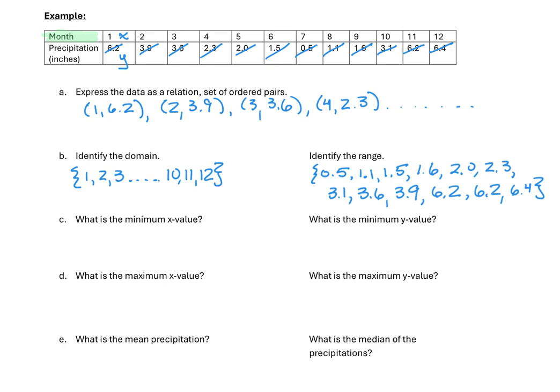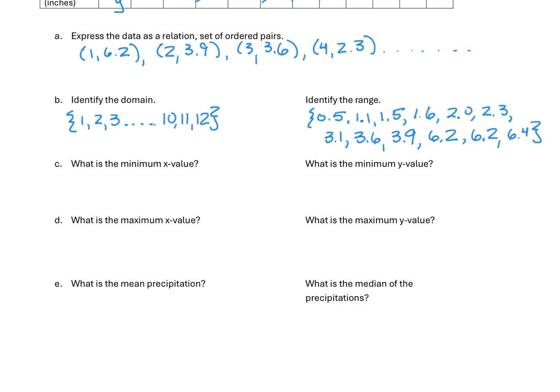Let's go ahead and go down and look at our minimums and maximums. Okay, our minimum X value. Well, again, the main thing I do want to point out is it does say value, which means just a number. And we are looking at our domain.